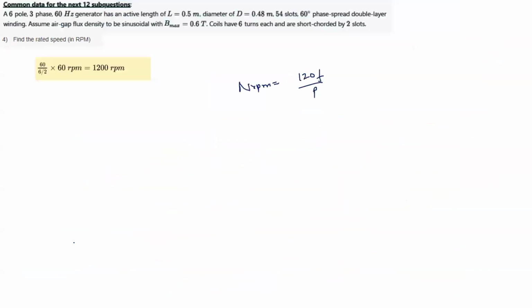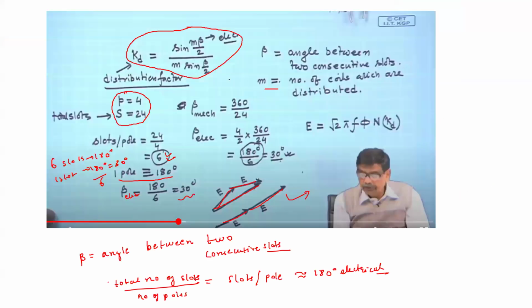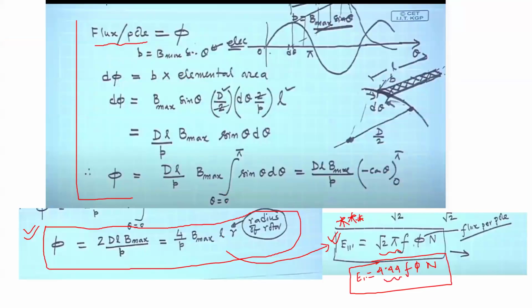Coming to this question, if you relate it properly, you will get this relation. I think sir has derived it in this lecture, where the derivation of pole pitch is discussed.